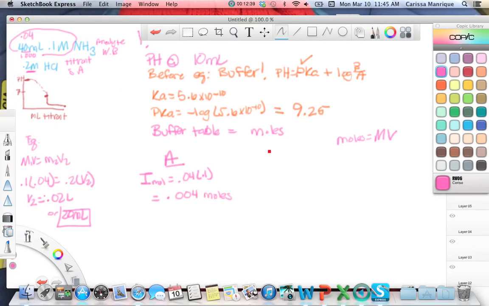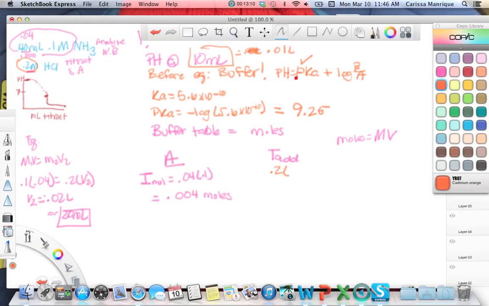Okay, now let's look at our titrant. How much titrant did we add? Moles equals molarity times volume. The molarity of our titrant is 0.2 right here. So 0.2, and what volume did we add? Right here is 10 milliliters, which is 0.01 liters.